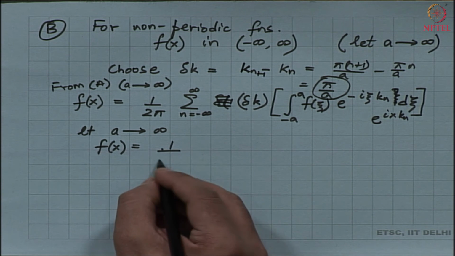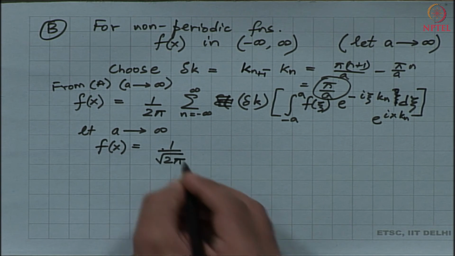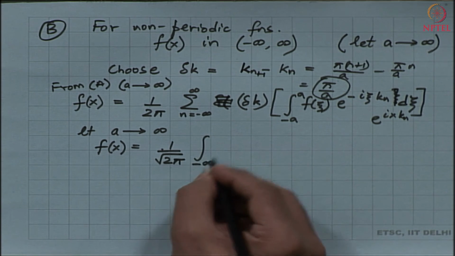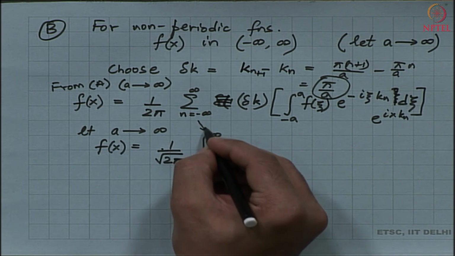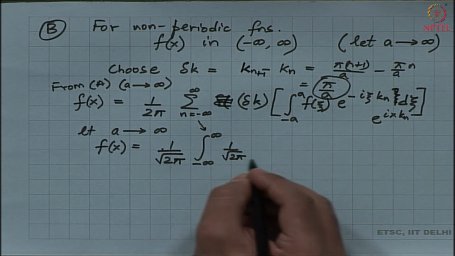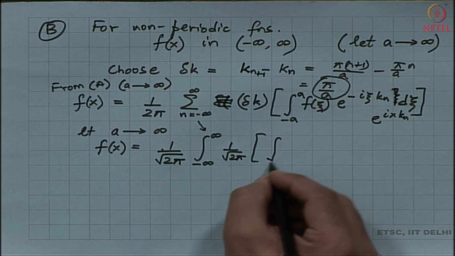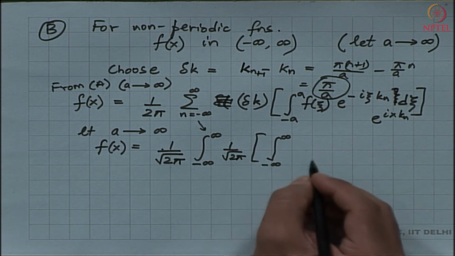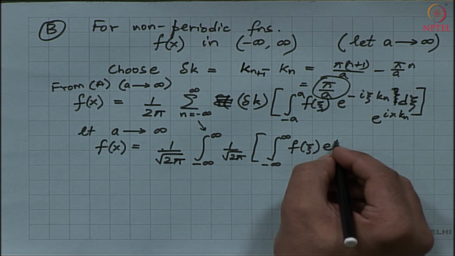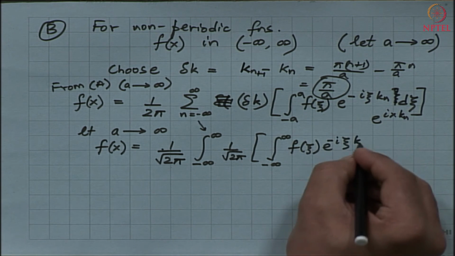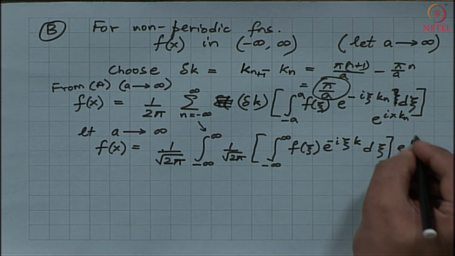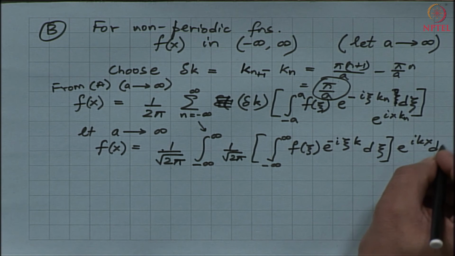Let me break down 2 pi as follows: I have 1 by square root 2 pi integral from negative infinity to infinity, notice that the summation has changed to an integral now, again another 1 by square root 2 pi integral from minus infinity to infinity f of zeta e to the power negative i zeta k d zeta, e to the power i k x d k.